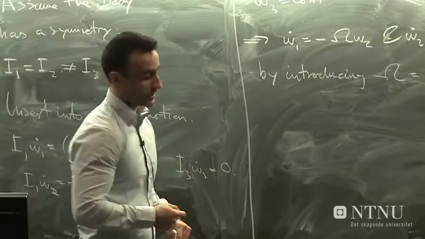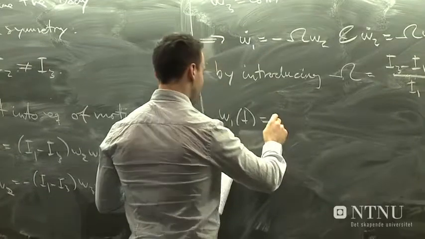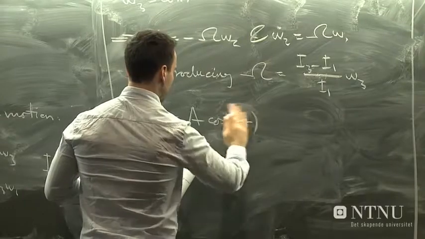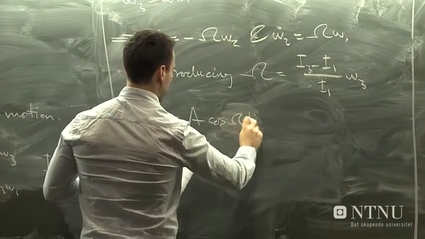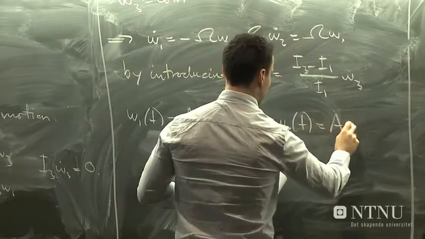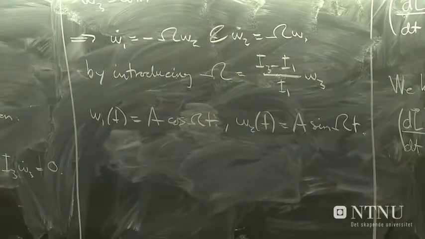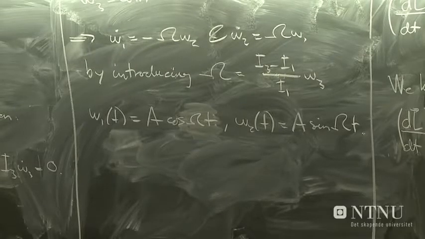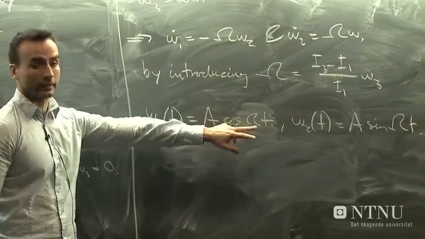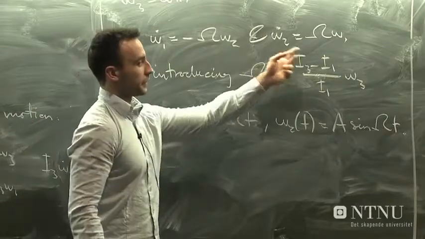So by solving these equations, we can find this. You see that if I derive cosine, I get minus omega sine, which is equal to minus omega multiplied with omega 2. And similarly for this one.